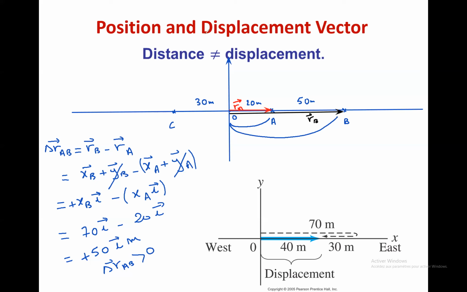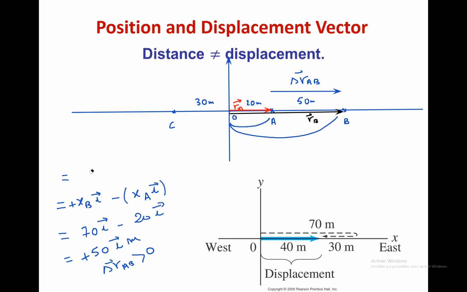Okay, if you want to show the displacement geometrically, it begins from the initial point to the final point. This is the displacement delta R AB. It's directed in the positive direction. Now I want to give an example in the case of the negative direction.